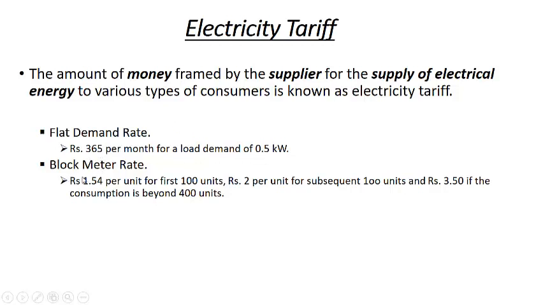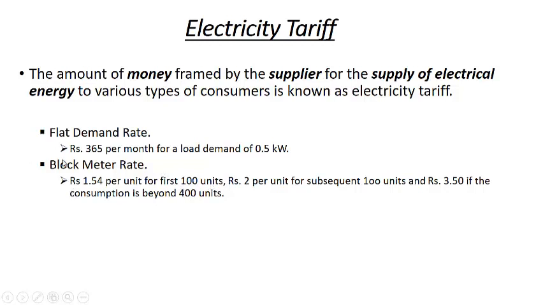And the second one is the block meter rate. Here, the rate is dependent upon the energy consumption. Energy consumption is usually measured in terms of units, and one unit is 1 kilowatt hour. We'll discuss that also.